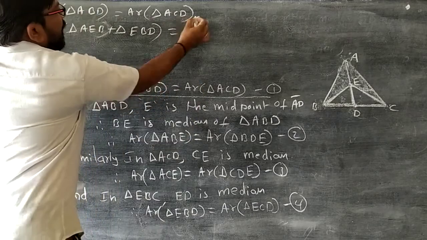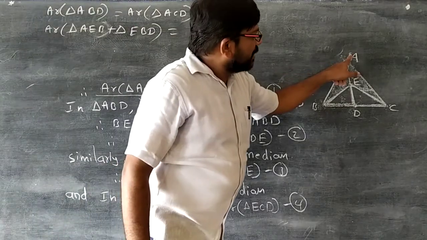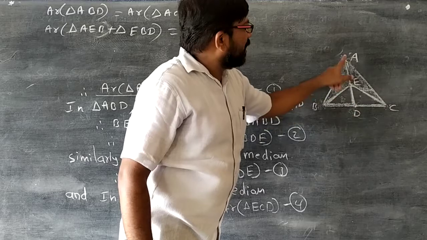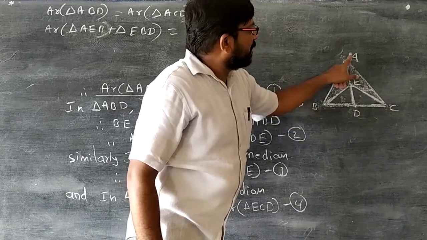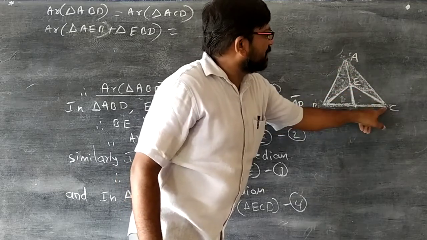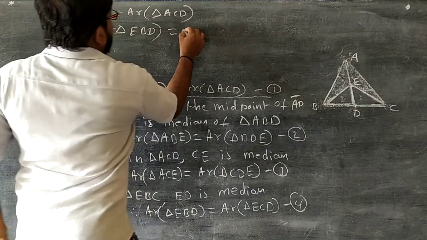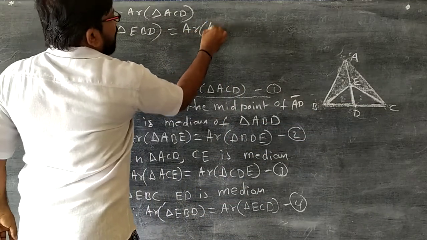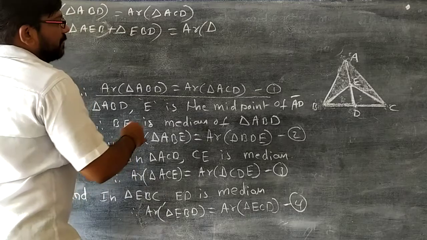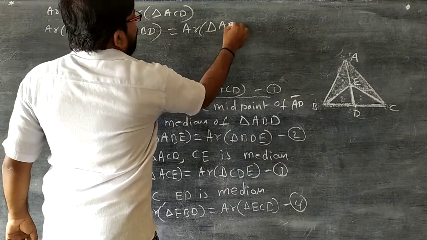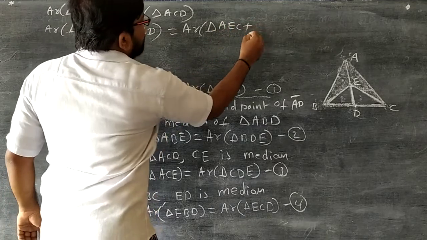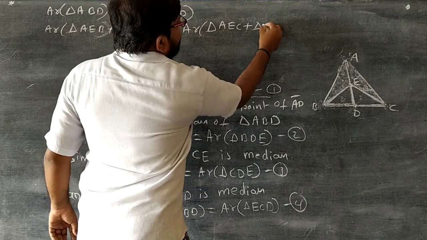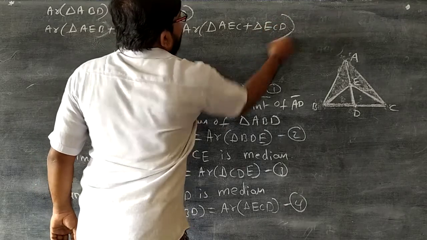This is equal to ACD also. ACD can be written as AEC plus ECD, the area of triangle AEC plus triangle ECD, right?